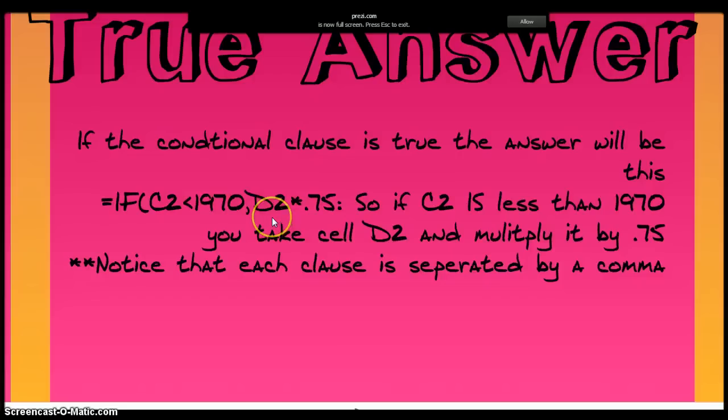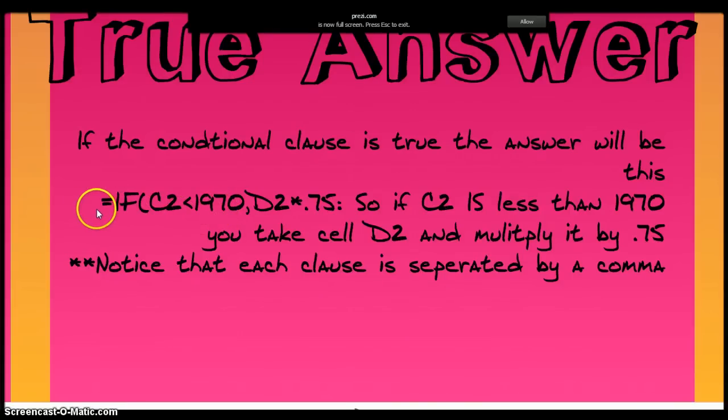If it is, then the answer is whatever is in cell D2 times 0.75, or multiply by 0.75. Now again, this is just an example. This is not what it is every time.